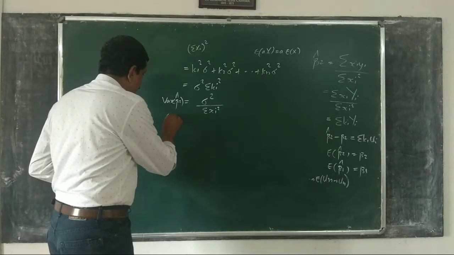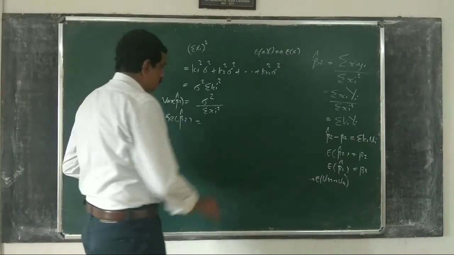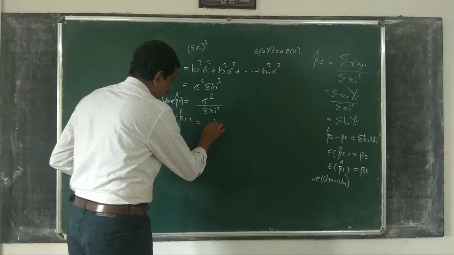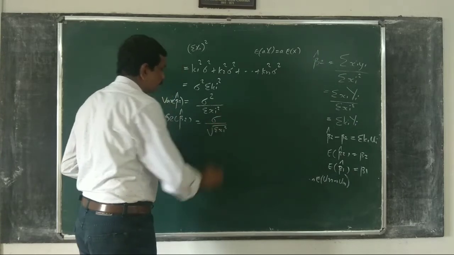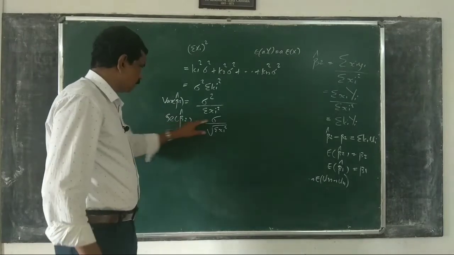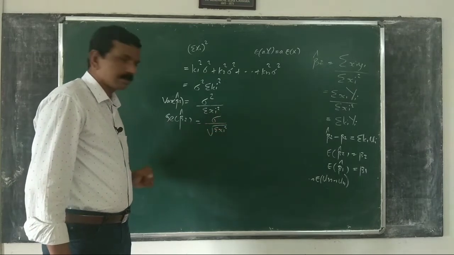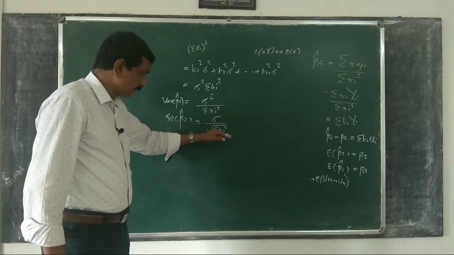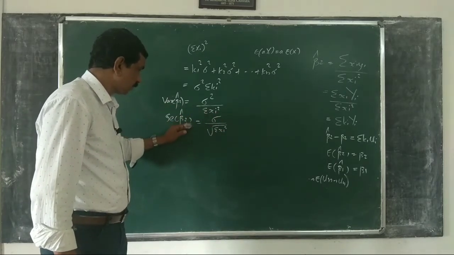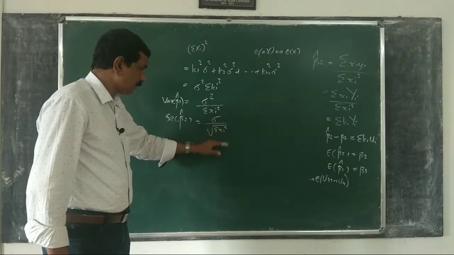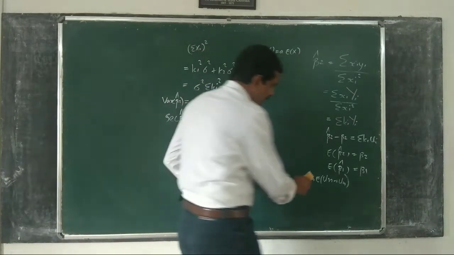We write the standard error of beta 2 hat as equal to the positive square root of sigma square over sum of xi square, that is sigma by root of sum of xi square. And this quantity is used for hypothesis testing, for the derivation of z, t, etc. So keep this always in mind: the standard error of beta 2 hat is sigma by root of sum of xi square.